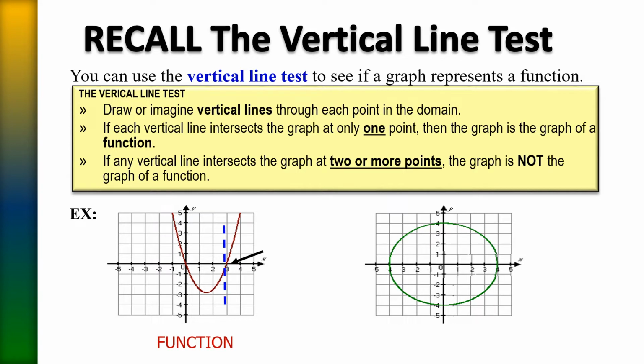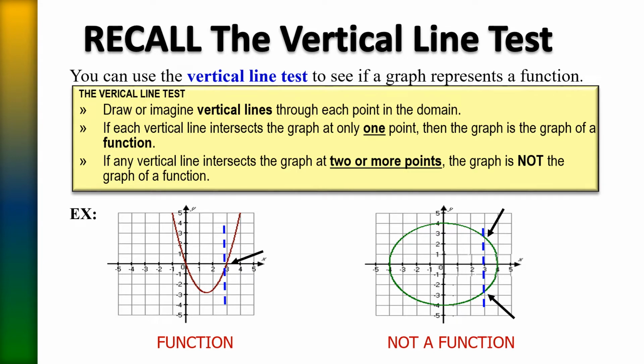Let's take a look at the second example. If we draw a vertical line through that graph, notice we intersected that graph in 2 points. And as soon as you intersect in more than 1 point, then it is not the graph of a function.